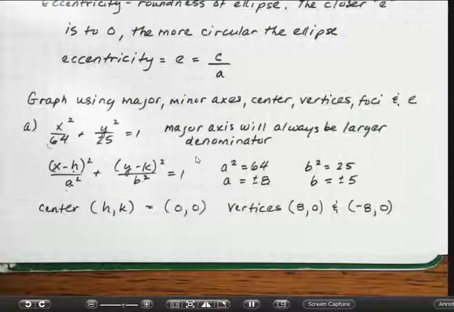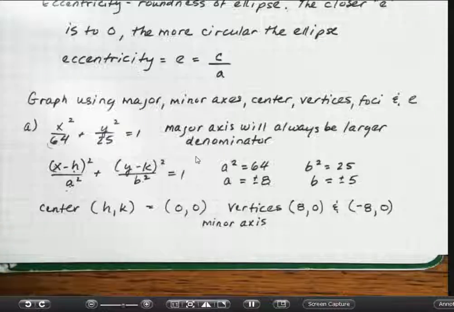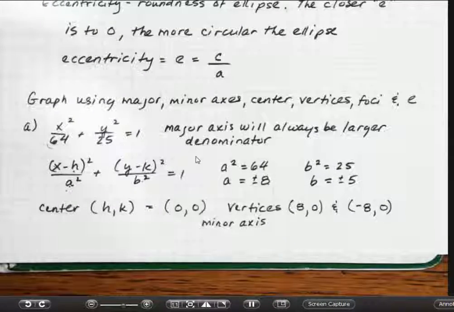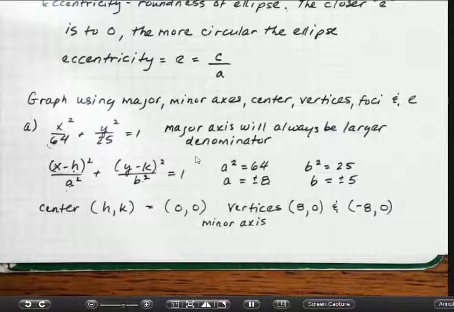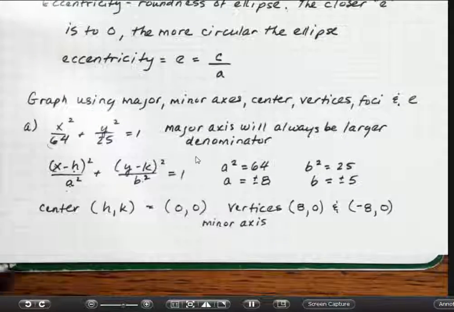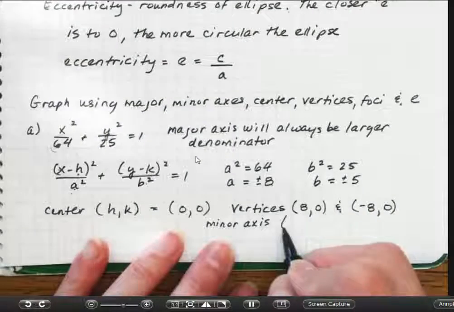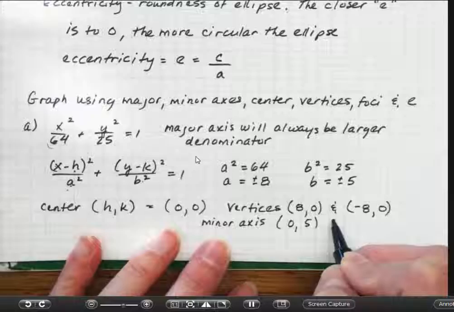My minor axis, I'm going to be going in the opposite direction. So notice I added 8 to my x coordinate of my center. Now I'm going to add my b to the y coordinate of my center. My b is plus or minus 5, so I'm going to have (0, 5) or (0, negative 5).